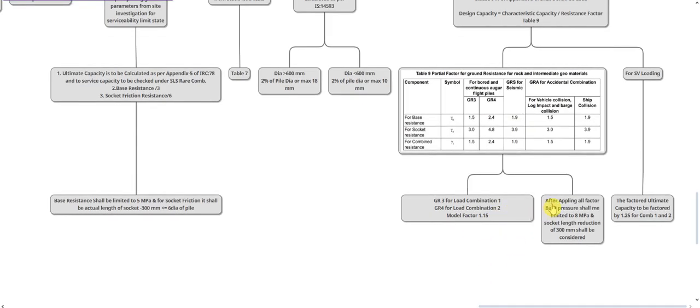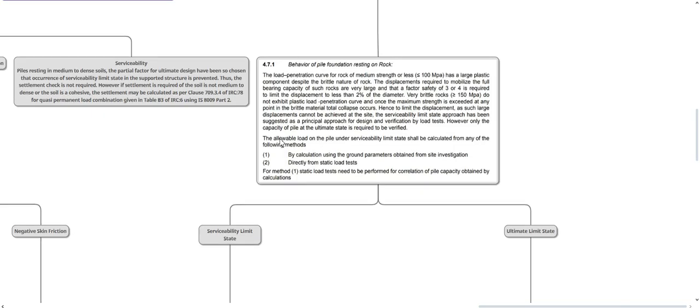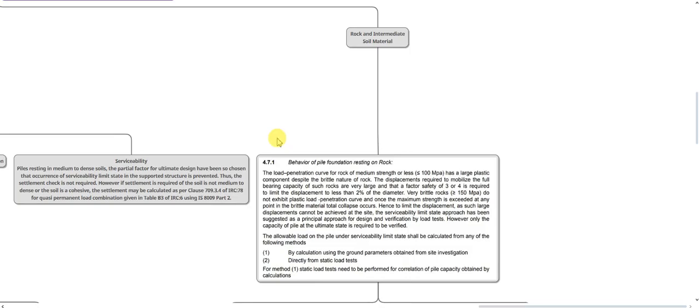Again, very similarly, after applying all the factors, the base pressure shall be limited to 8 MPa and the socket length reduction of 300 mm shall be considered. Now the special situation of SV loading: the factored ultimate capacity is to be factored by 1.25 for combination 1 and 2 in case of SV loading. So this was for the piles resting on rocks under compression.